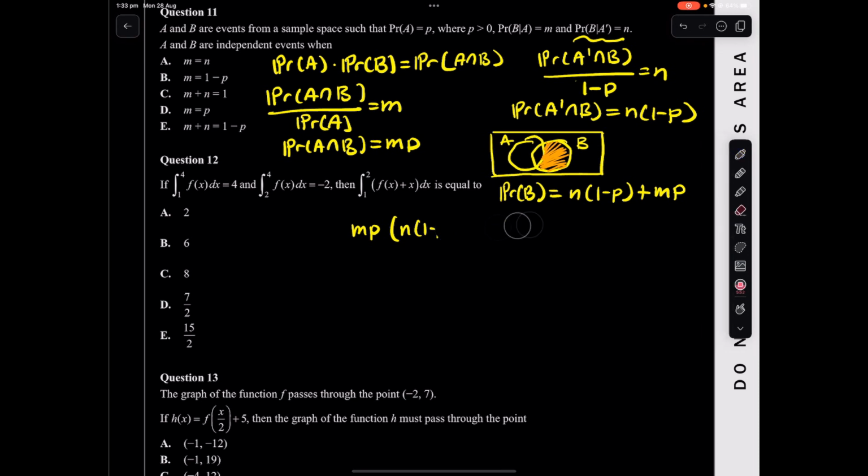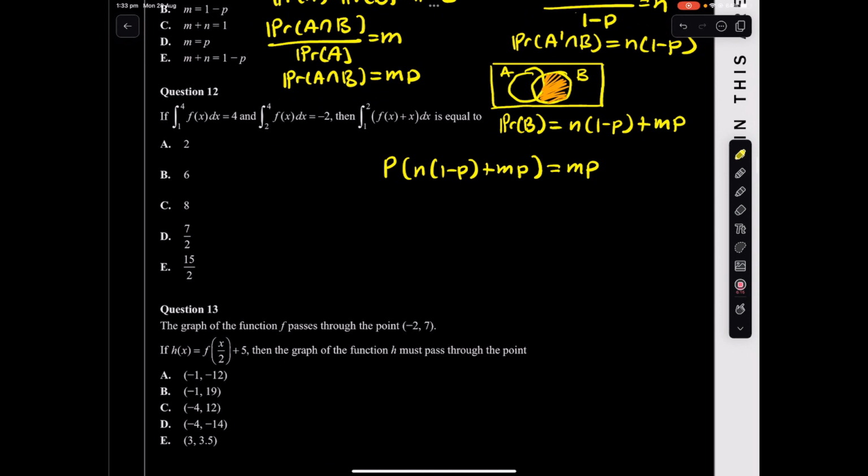What did I do here? So your probability of A is P. It's multiplied by N(1 minus P) plus MP. Okay. So that should equal the intersection, which is MP.